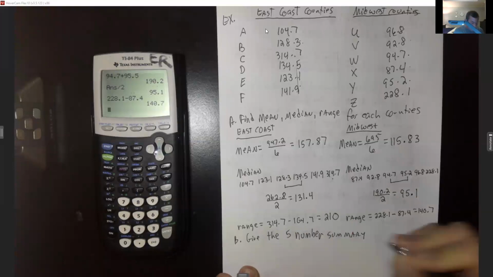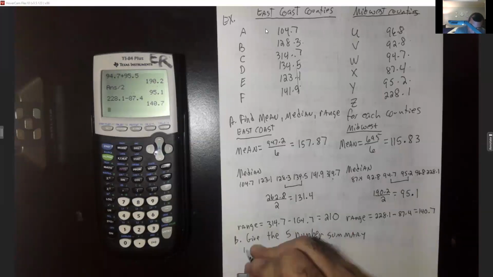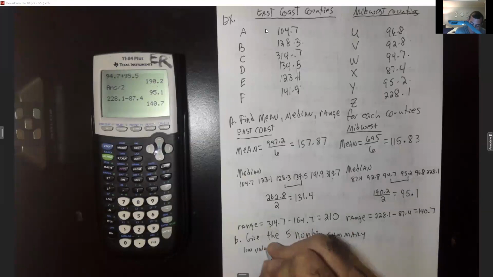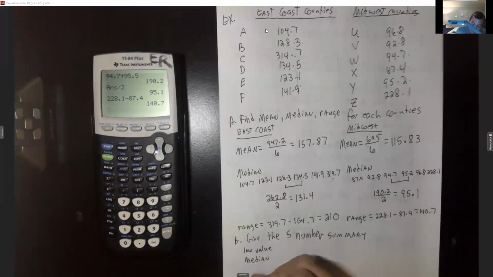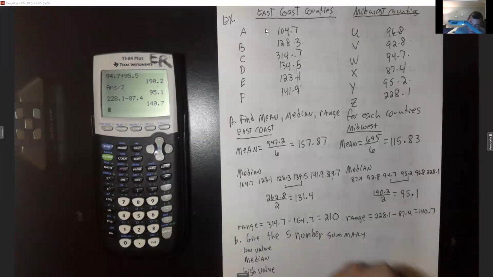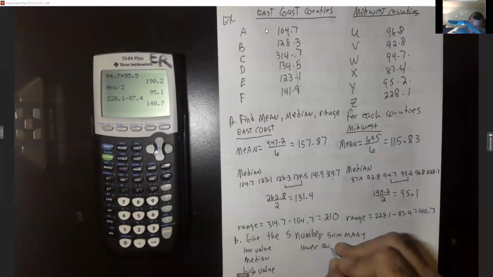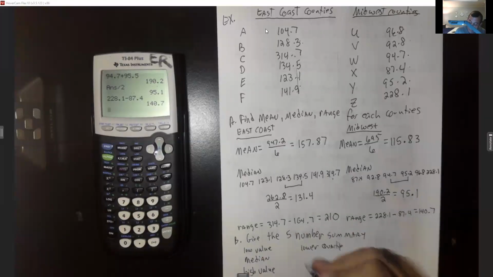So remember, that meant my low value, my median, and my high value. But then they also want to know the lower quartile and the upper quartile.